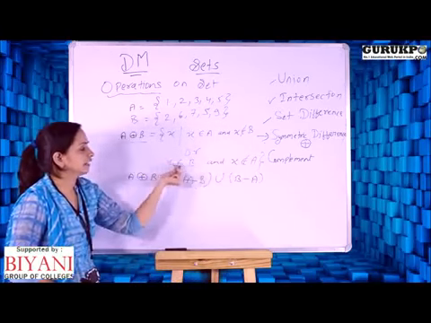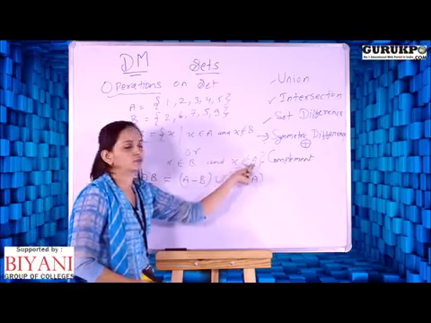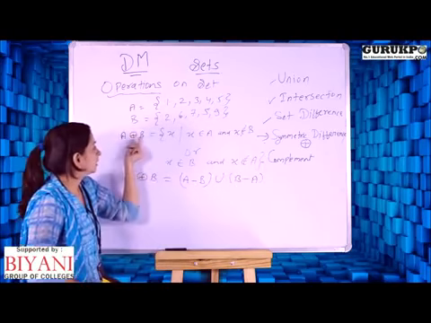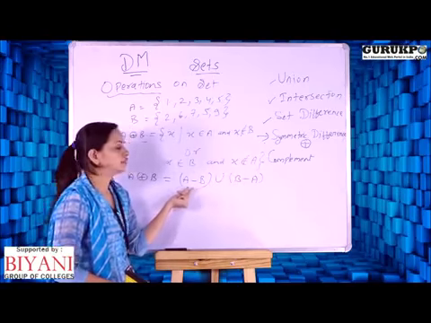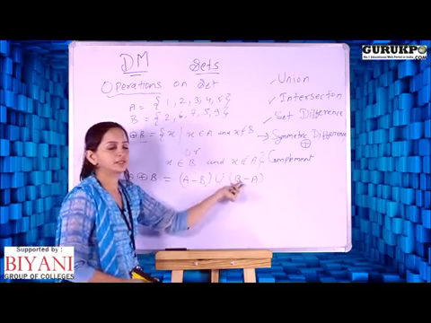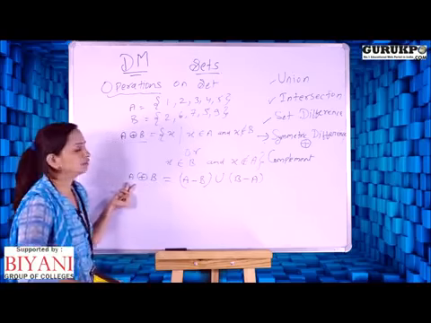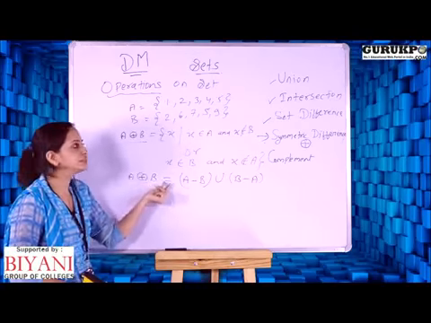B minus A is X belongs to B and X does not belong to A. So symmetric difference is A minus B union B minus A. You can find A minus B and B minus A and take the union, you will get the set of A symmetric difference B.